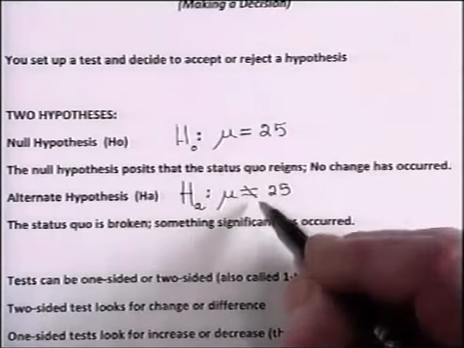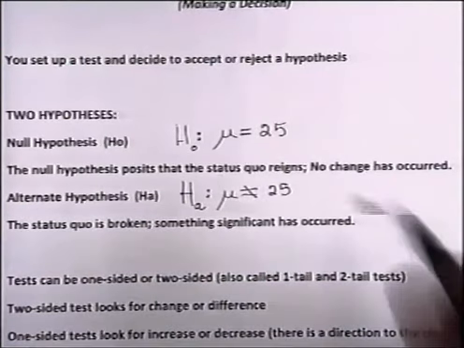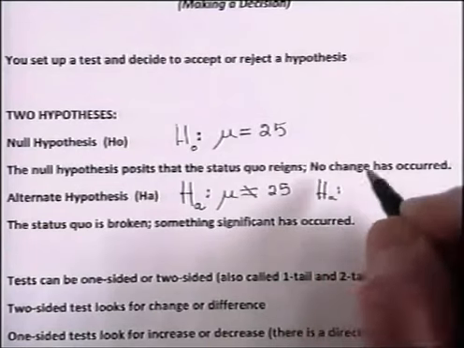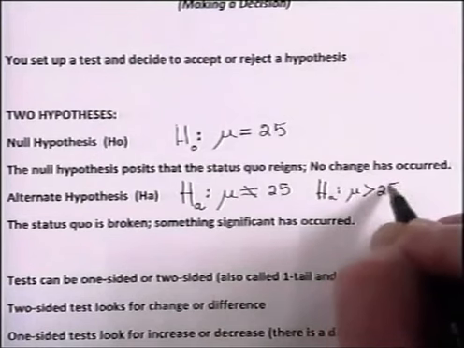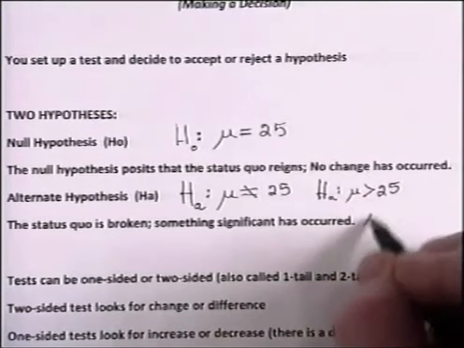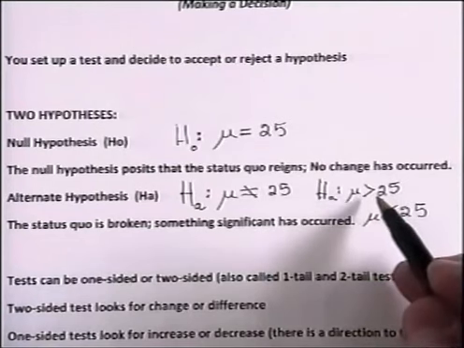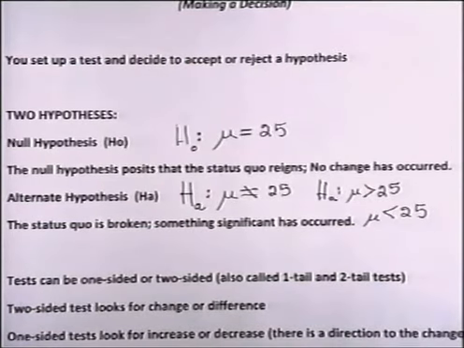This is a two-sided test because we're looking, has the mean changed in either direction? If this was a one-sided test, your alternate hypothesis would indicate a direction. So this would be mu greater than 25 or mu less than 25. If I'm looking to see if the mean increased, this would be my alternate. If I look to see if the mean decreased, that's my alternate.